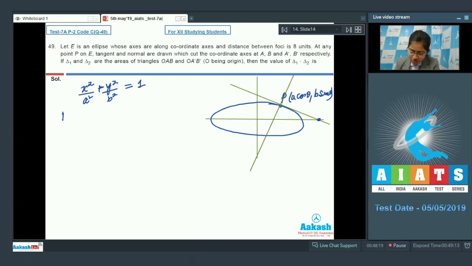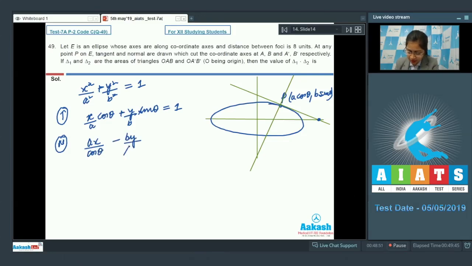Now the equation of tangent is x by a cos theta plus y by b sin theta equal to 1, and the equation of normal will be ax upon cos theta minus by upon sin theta equal to a square minus b square. So we can find the points A, B, A dash and B dash.